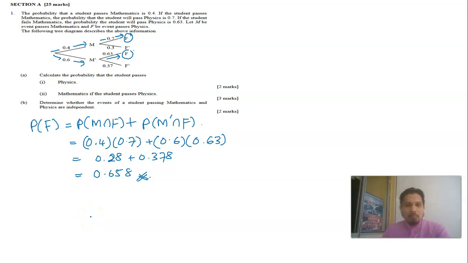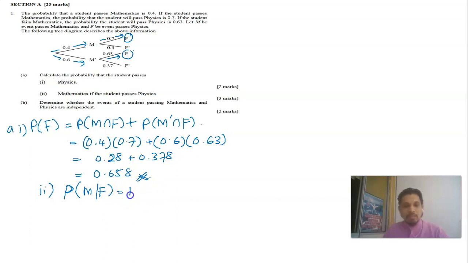And next, calculate the probability the student passes mathematics if the student passes physics. For question number 1(a)(ii), the probability is of the student passing maths, given that the student passes physics.